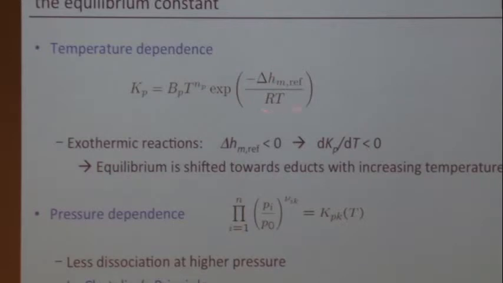Because you have, forget about this first term here. Let's say n was 0. Then the derivative of this is minus 1 over RT squared.